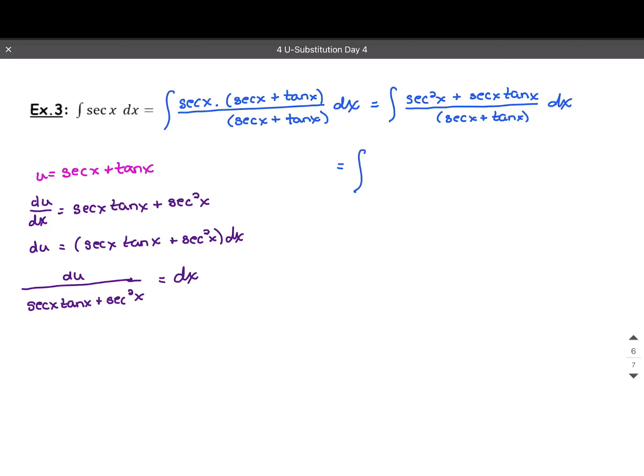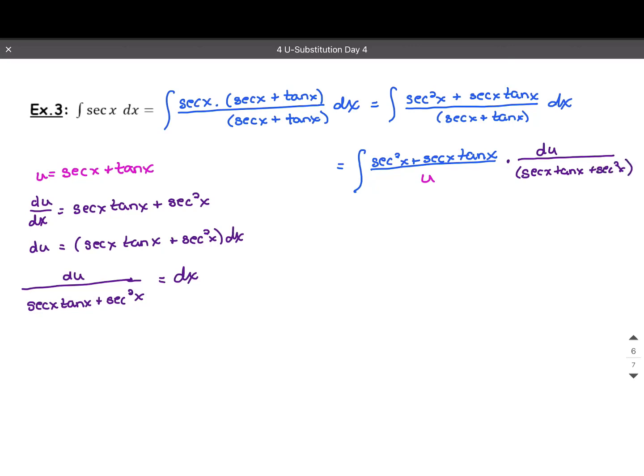So I have this integral. My numerator is secant squared x plus secant x tan x all over that denominator, which is my u. My dx is du over secant x tan x plus secant squared x.